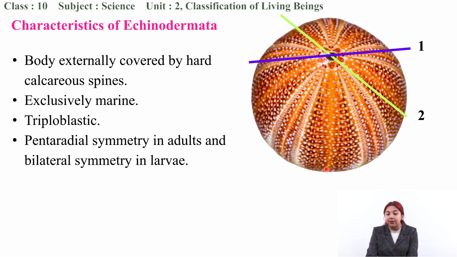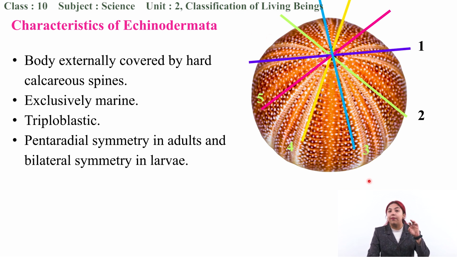We can also divide it by another plane into 2 mirror images, a third also, a fourth also, and a fifth. So if it is radially symmetrical but only in 5 planes, that type of symmetry is known as pentaradial symmetry. It is a special type of radial symmetry in which the organism can be divided into 5 equal parts. But this is in the case of adults.